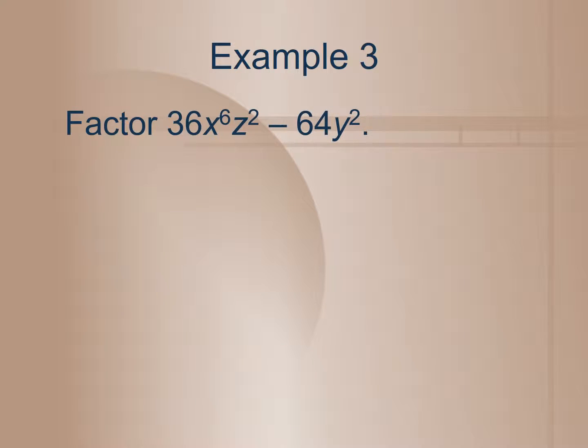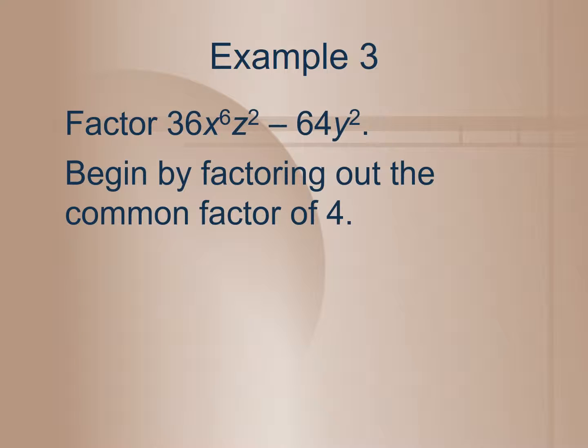Here's another example, 36x to the 6 z squared minus 64y squared. Let's begin with factoring out any common factors. I can factor out a 4 because 4 goes into 36 and 4 also goes into 64. Now I'm left with 9x to the 6 z squared minus 16y squared.